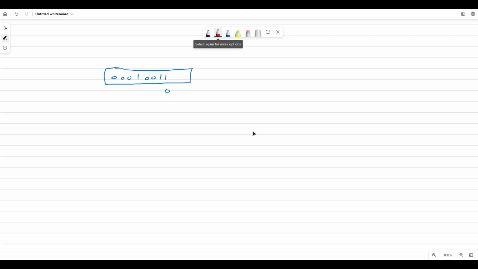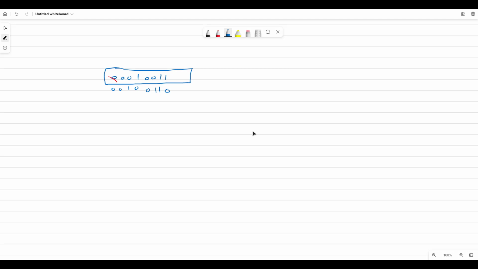The leftmost 0 will be out of the register, so you need to be aware of this. So we have 00100110.